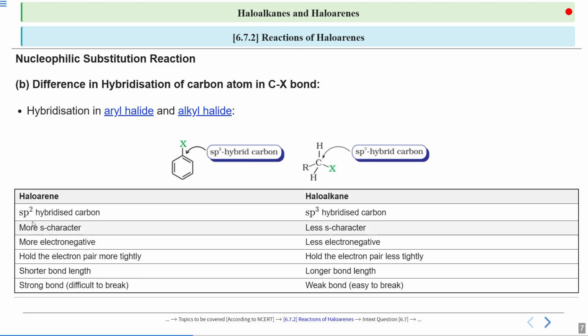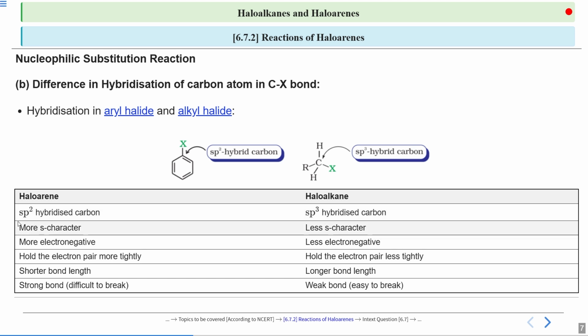So if you compare the haloarenes and haloalkanes, first of all, in the haloarenes, the carbon at which the halogen is present is an sp2 hybridized carbon. Meanwhile, in the haloalkanes, the carbon is an sp3 hybridized carbon.